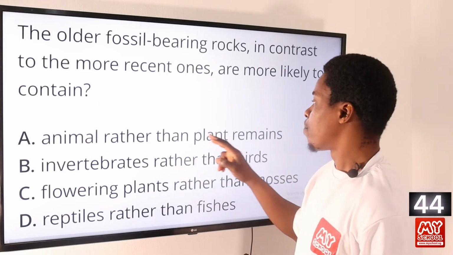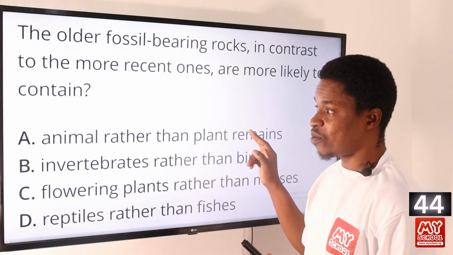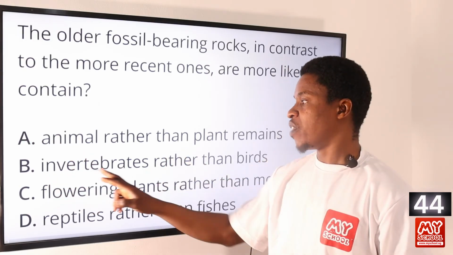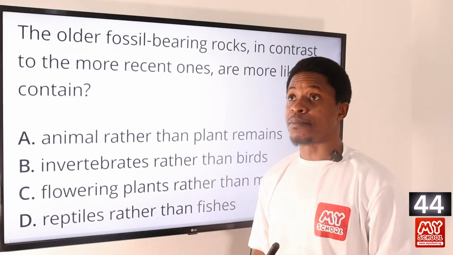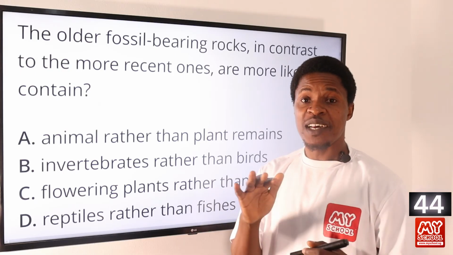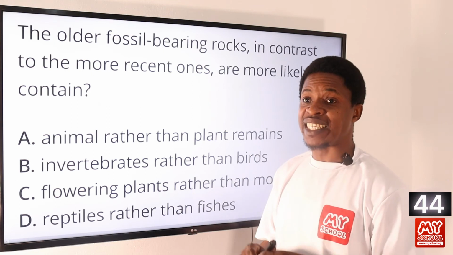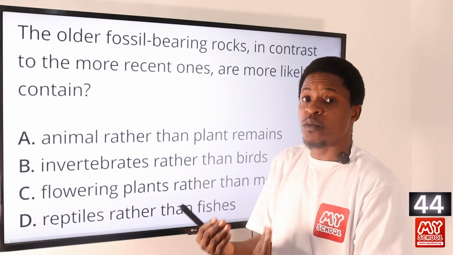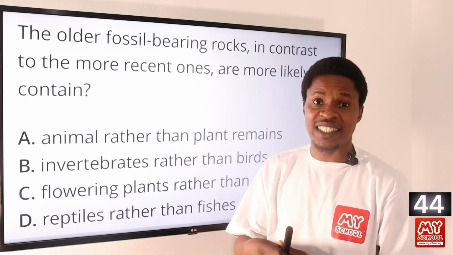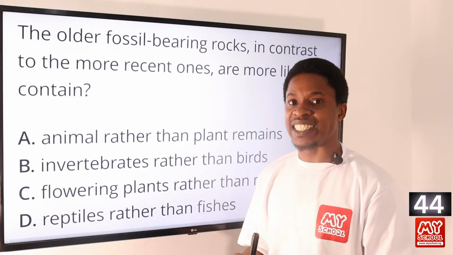Animal rather than plant remains, no, because we have plants growing on those things more than it. So it is not A. We have invertebrates, those animals without backbones. First of all, they live there, and then they die there. But the most recent ones now, we have remains of plants and animals that are decayed for years.